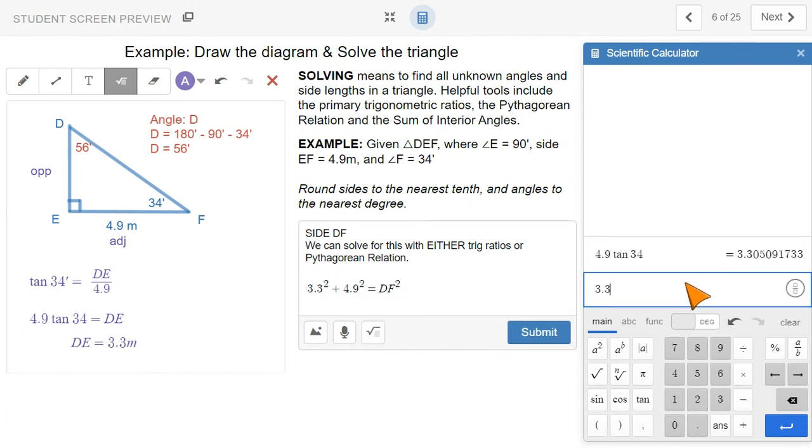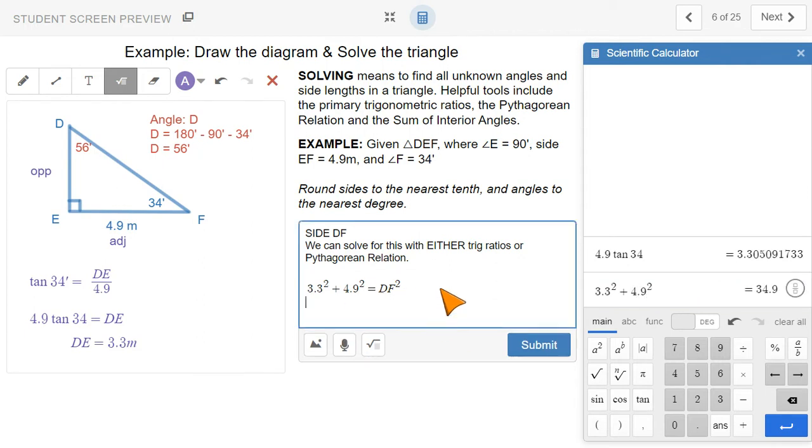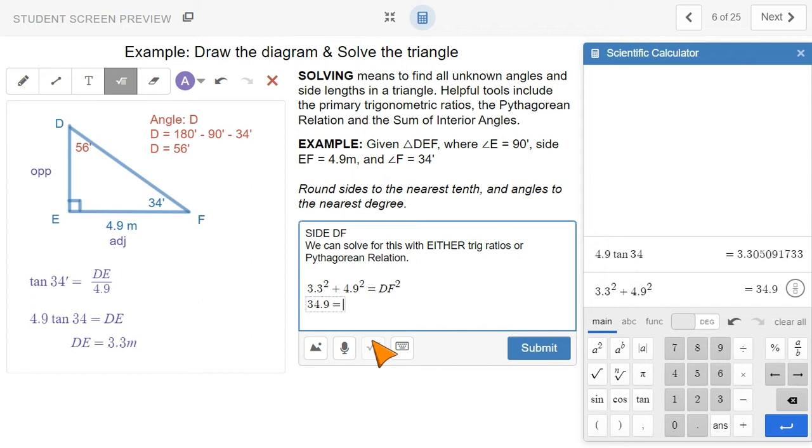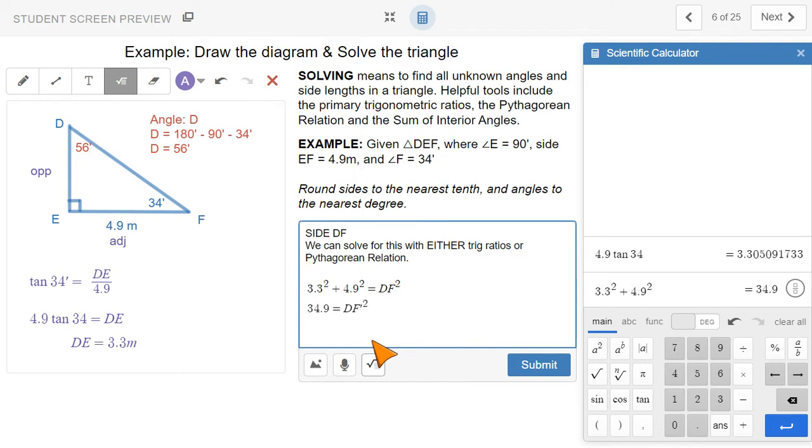Let's put this all into our calculator. 3.3 squared plus 4.9 squared, and we have 34.9 is equal to DF squared. Let's take our square root of that now.